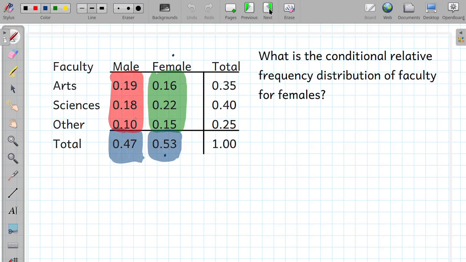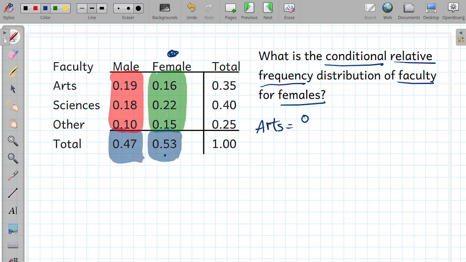What is the conditional relative frequency? That's your decimals. Distribution of faculty for females. Conditional, remember, means inside the table. So here's the female column right here, the green. The only thing that's different now is that, like in the preceding table, we could have left the fractions and that would have been fine.